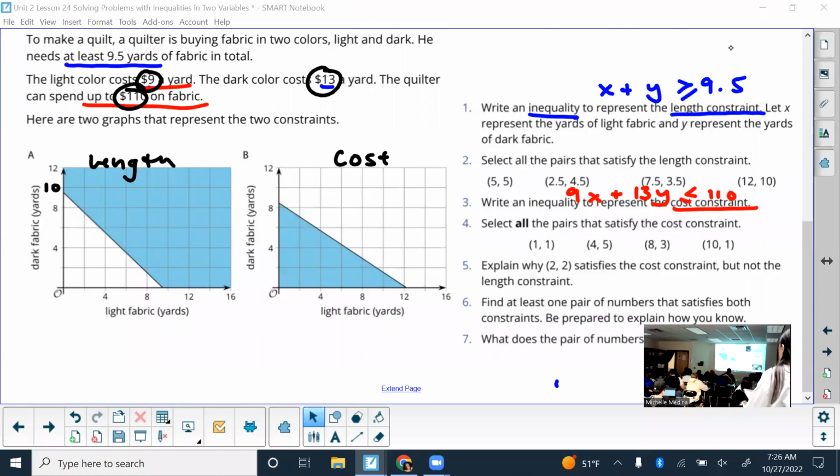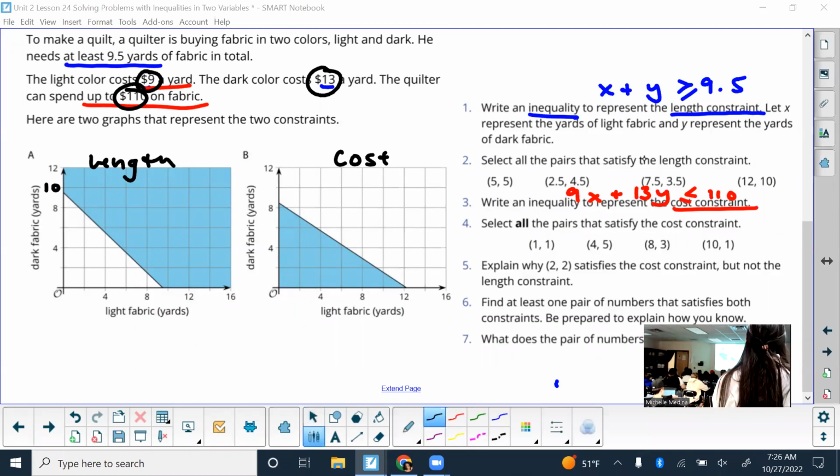So is 5, 5 a combination that satisfies the length constraint? All right, let's see. 5 would be in the middle of here and in the middle of here. So yeah, it looks like it's on the line or in the shaded area. If it seems a little iffy to you, check in Desmos.